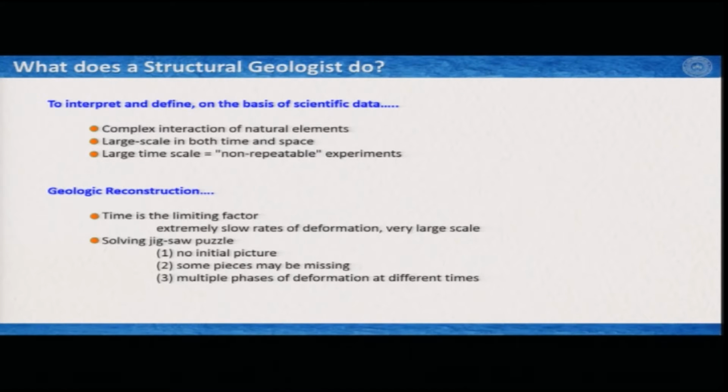Most of the geologic structures, as you can imagine, are extremely large in their extent, for example the Himalaya or the complexity of South India and so on. And these structures have formed over time scales that range from millions to billions of years, and a few processes are still happening. With our human lifespan, we cannot see it happening, right. So, we see the end product, almost fossilized. So, a structural geologist has the challenge of interpreting this large scale in space and time.